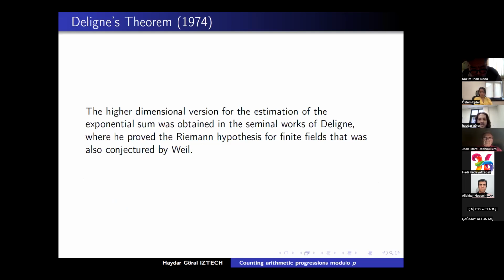But of course, one cannot do this for all polynomials. Your polynomials should be smooth enough, meaning, for example, not factored too much. Then one can extend Weil's result. This is the technology that we also used in our result.